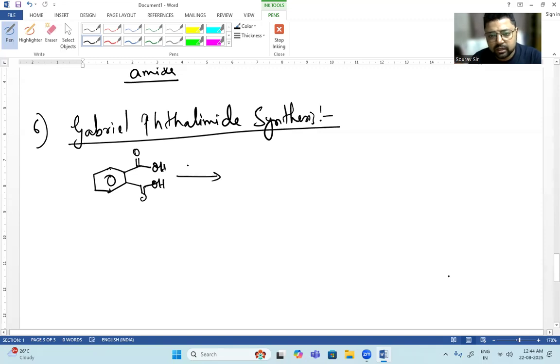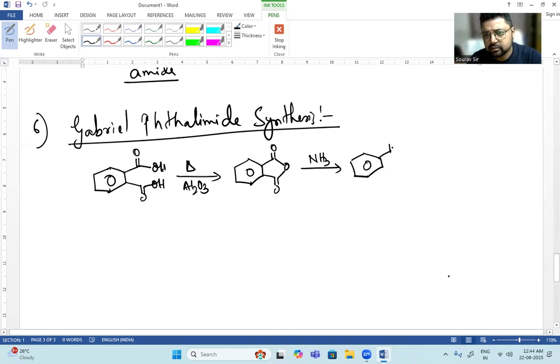If you heat it with Al2O3 at a very high temperature, then you will get this phthalic anhydride. Then you have to use ammonia. Then you will get this phthalimide. Okay, this is phthalic anhydride, this is phthalic acid, and this is phthalimide.